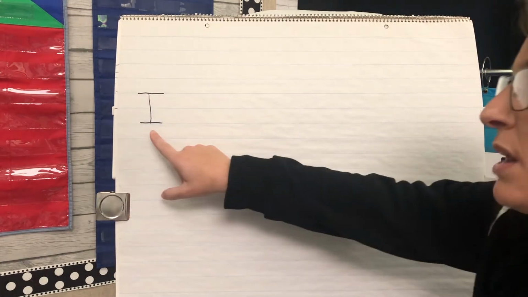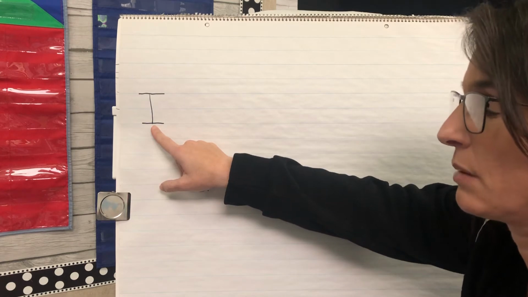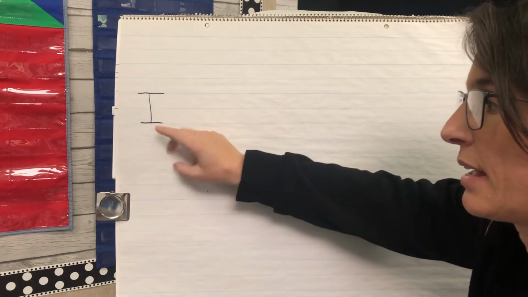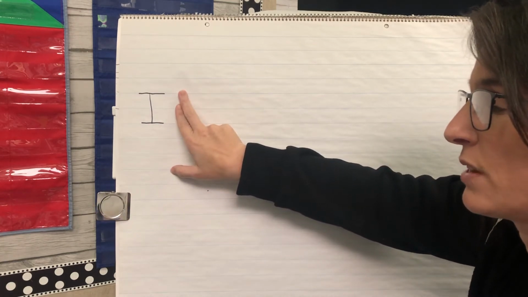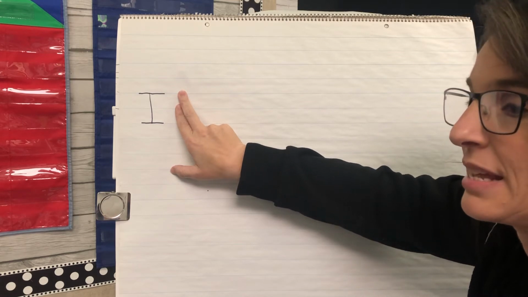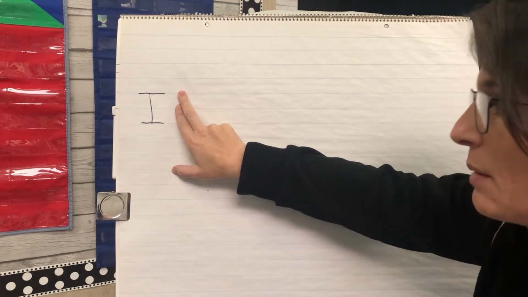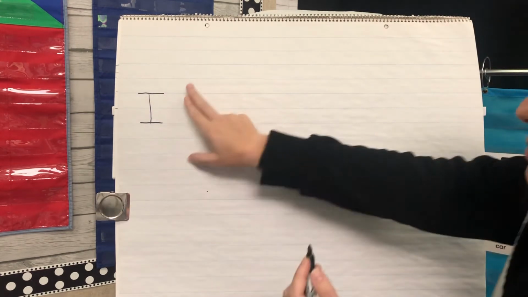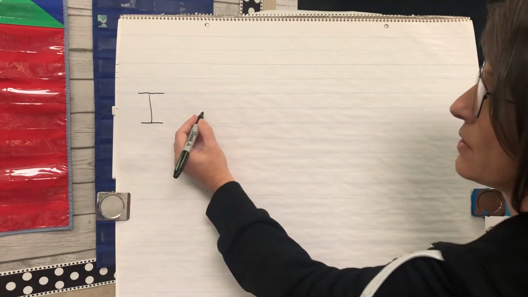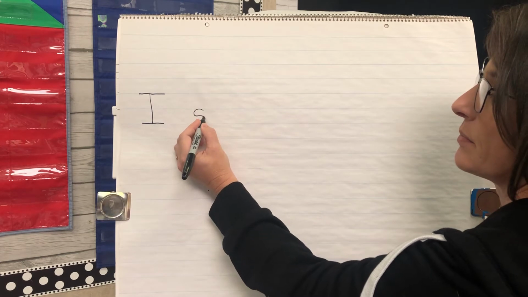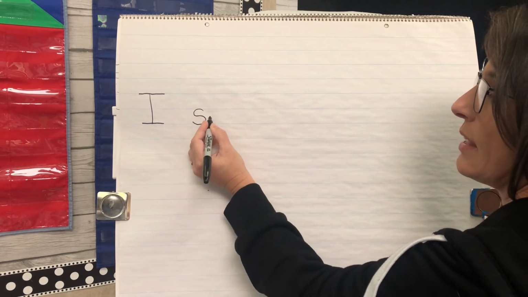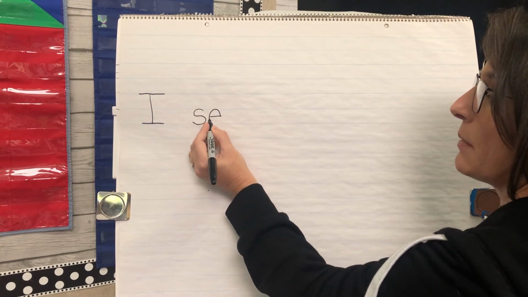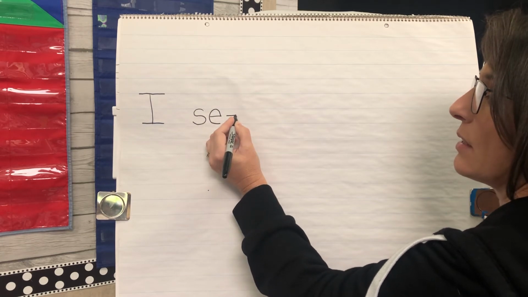You're going to see when I is by itself, it's going to be capital anyways. Then a 2-finger space for the next word. I'm going to write C. That was our word a couple of weeks ago. So that's where my 2 fingers left off. So it's S, E, hit the ball out, up and around the bases, and another E, hit the ball out, up and around the bases.